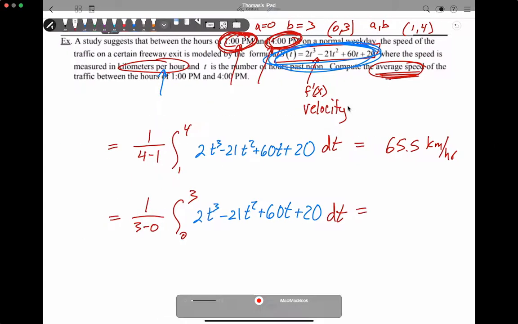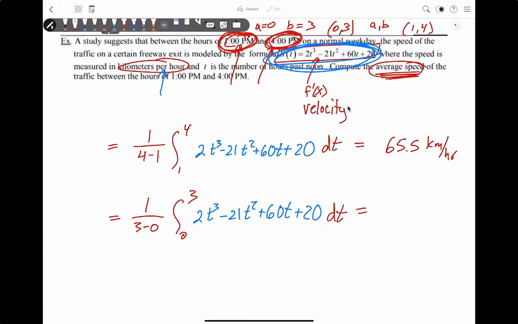All right, so let's keep going. I'm going to show you an example where I actually would have made a mistake, because I would have chosen this 1 over 3 minus 0, but I think I would have read this too fast, because I was interpreting it as the number of hours past 1 p.m. If it said the number of hours past 1 p.m., then 1 p.m. would have been a is 0.